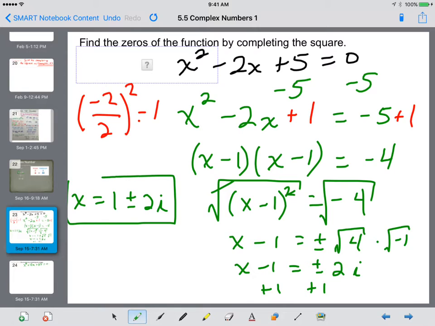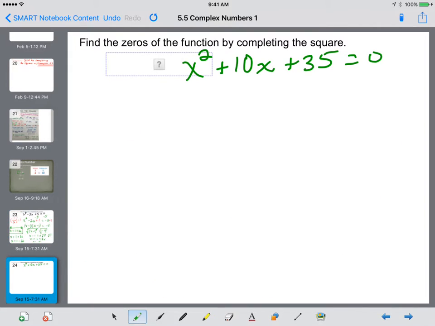You are free to leave your answer in this form, or if you want to write them all out, you can. So another way to write out these answers would be x equals 1 plus 2i. That's one answer. Or x equals 1 minus 2i. If you want to write it out like that, it's perfectly fine. If you want to keep it written together in this form, you might do so as well.